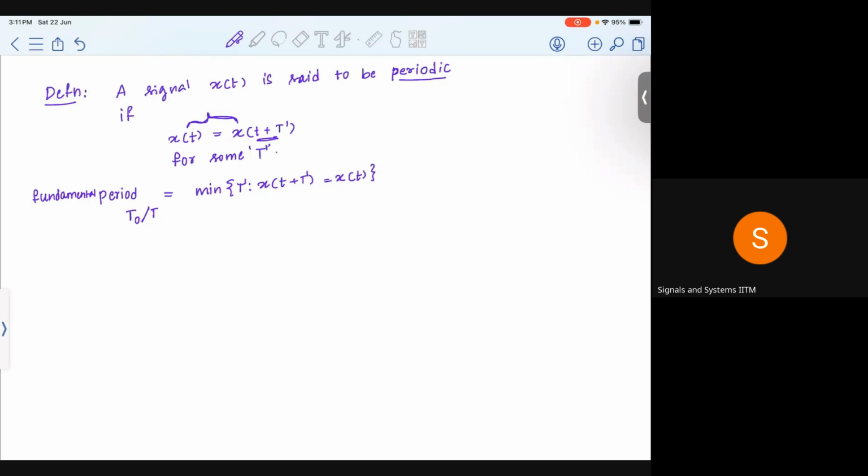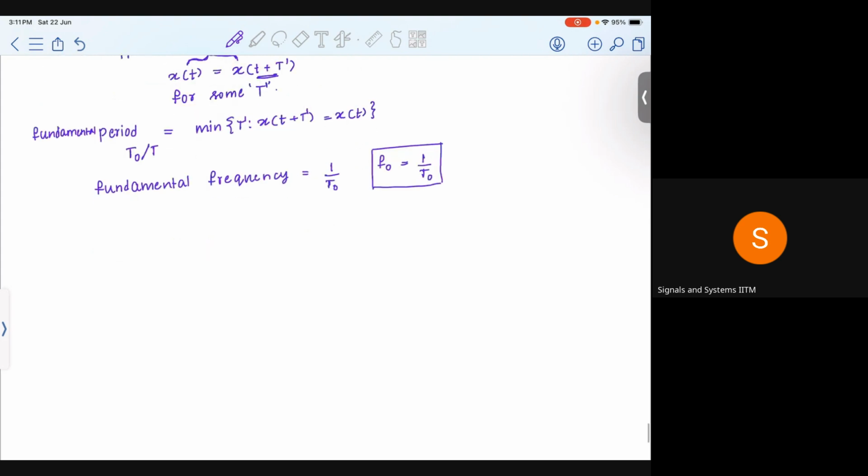And the fundamental frequency, which we denote by f naught, is 1 by T naught. Remember, frequency is always 1 by T. And the fundamental angular frequency, which we denote by omega naught, is 2 pi f naught.